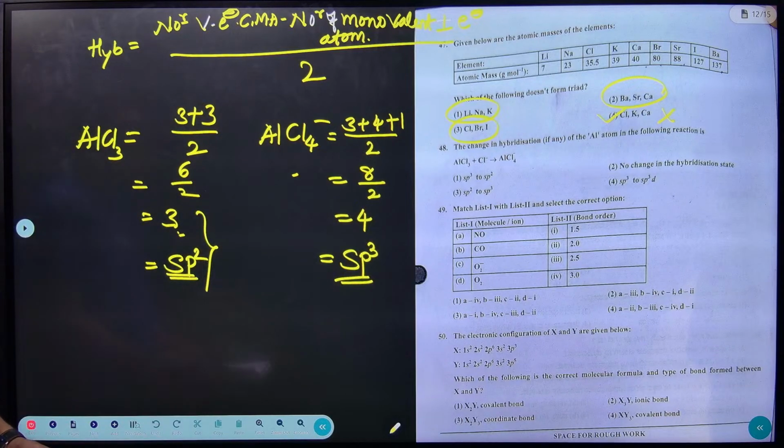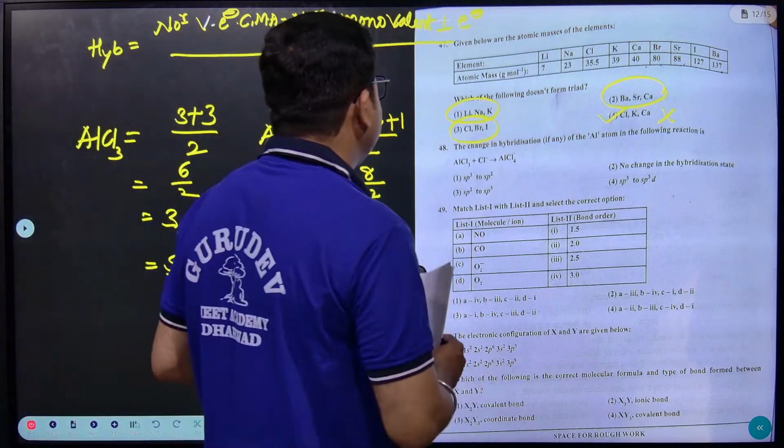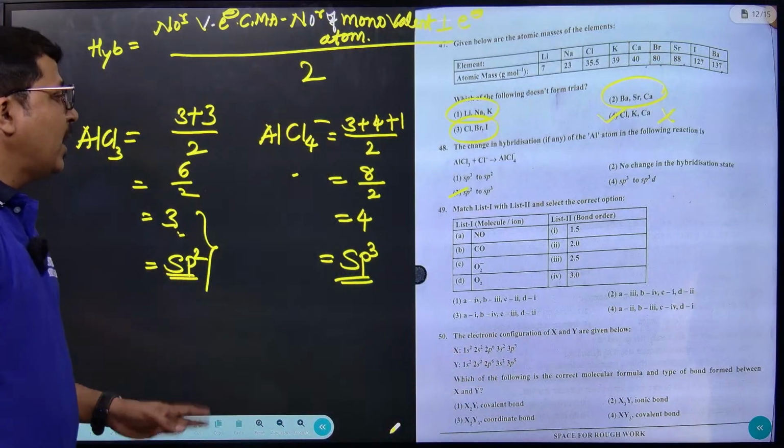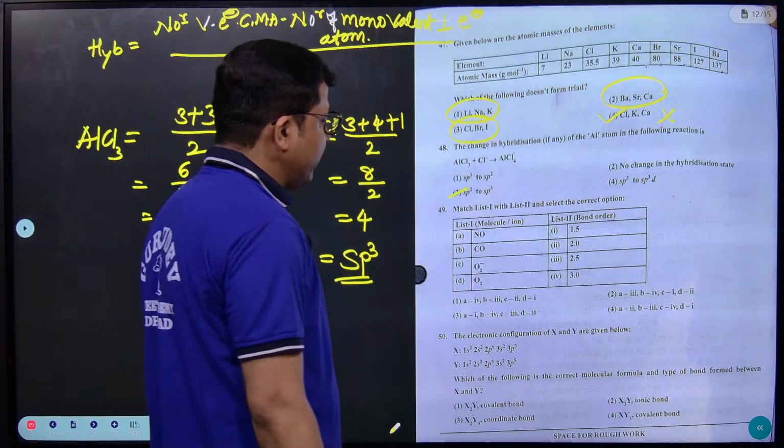So like this we have to calculate. So the hybridization changes from sp2 to sp3 in aluminum.